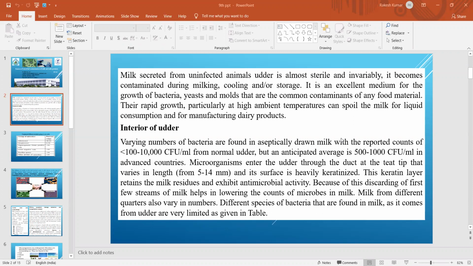And you all have an idea that milk is a complete food and it is an excellent medium for the growth and activity of bacteria, yeast and mold, which are the common contaminants of any food item. Their rapid growth, particularly at high ambient temperature, can spoil the milk for liquid consumption and for manufacturing dairy products. So it is very important to maintain the quality of your raw milk.